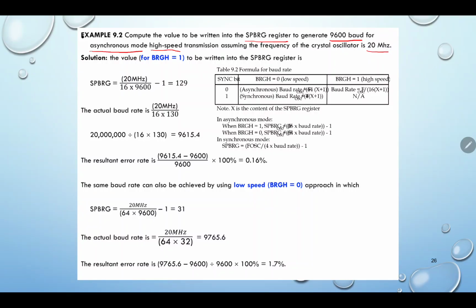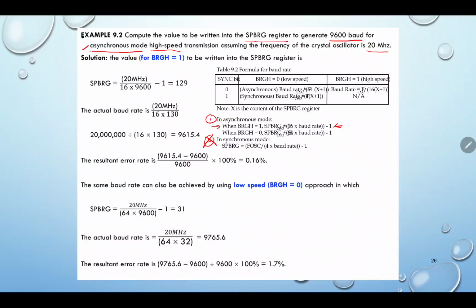You know that there are 2 formulas, one for synchronous mode and one for asynchronous mode. Because the question mentions asynchronous, you don't look at the synchronous formula. And because it says high speed, we look at this one: SPBRG equals the oscillator frequency divided by 16 times baud rate, minus 1. This is the formula that we'll be using.